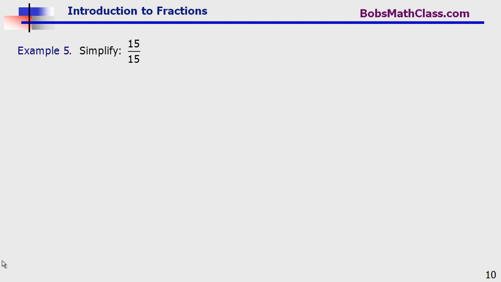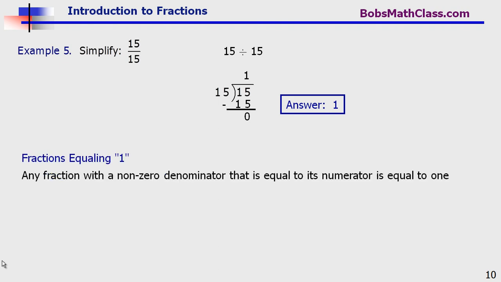Here's another problem. 15 over 15. Well, how many times does 15 go into 15? Once. That's right. Well, actually, any fraction with a non-zero denominator that is equal to its numerator is equal to 1.